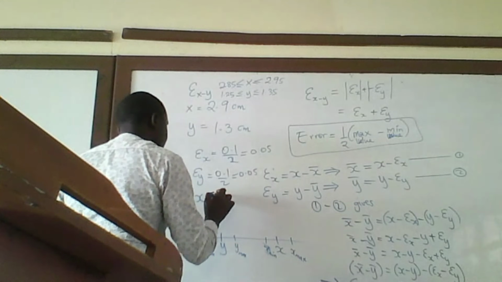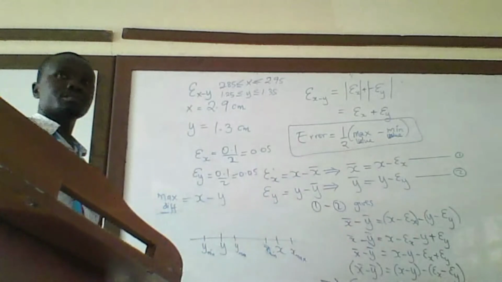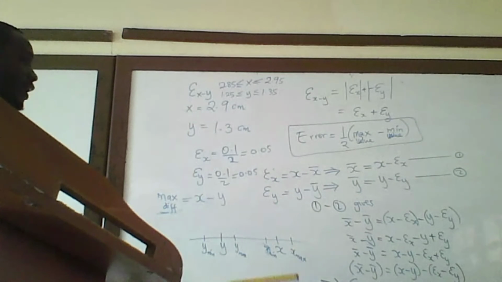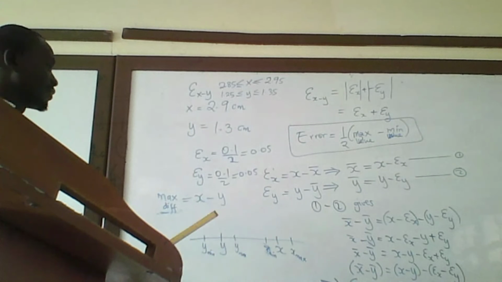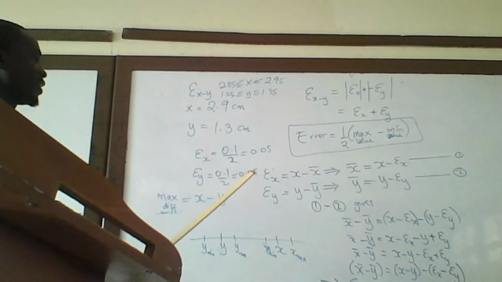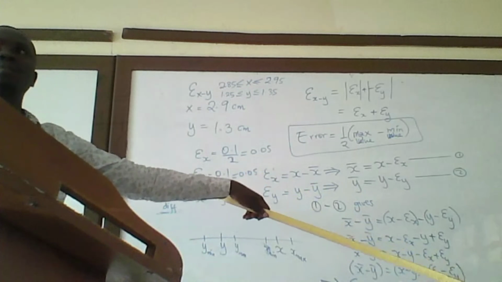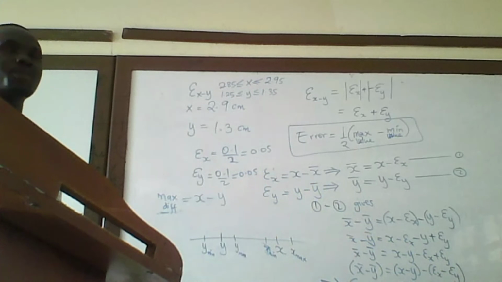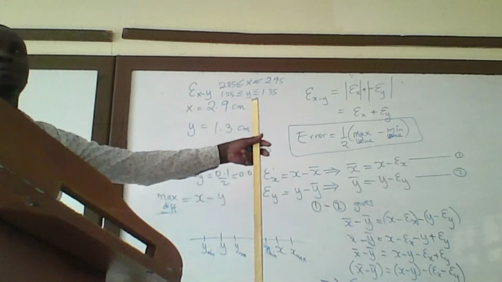Will it be x minus y? X is on this side, y is on this side. So x minus y will give a bigger gap between which numbers? X maximum minus y minimum. That's what will give the largest possible difference.